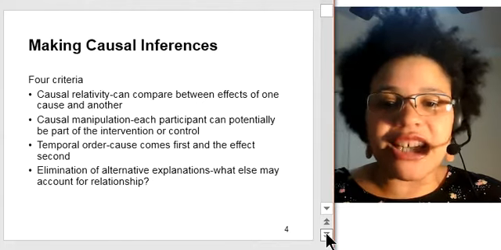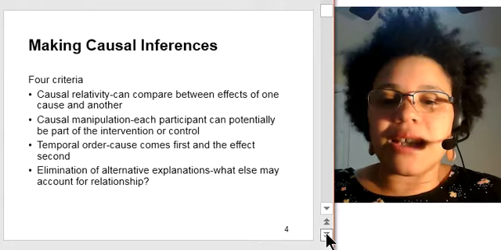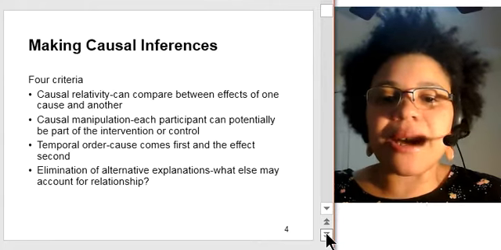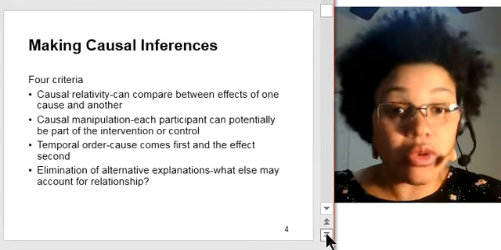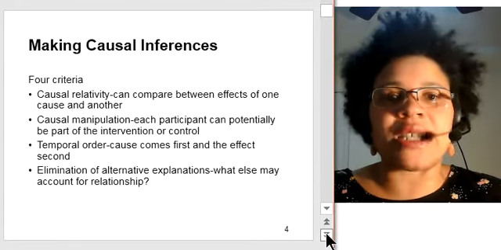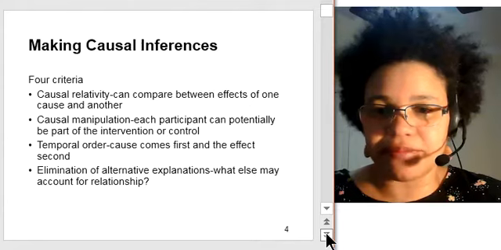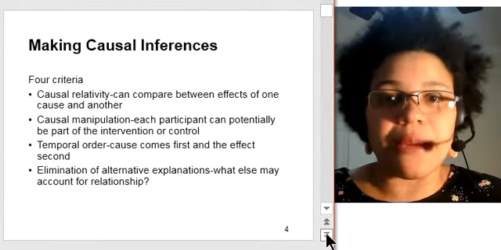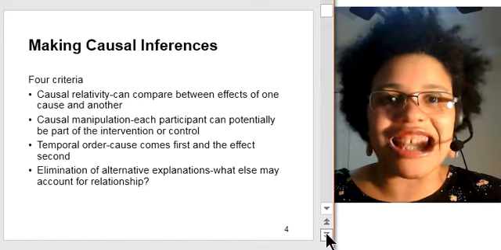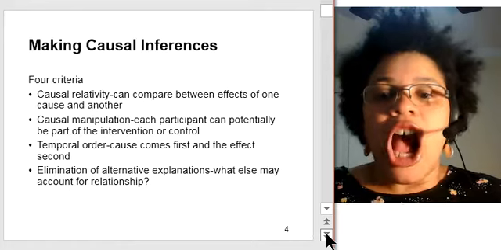Okay, manipulation. This is the idea that each participant can potentially be a part of the intervention or the control. The control group is the group that doesn't experience whatever this new thing is that you're testing out. There's something that the researcher is actually doing, which is part of making causal inferences.